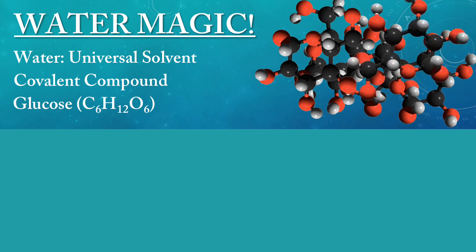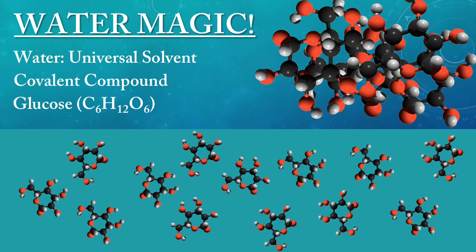And so when we put this in water, we're going to take away the attraction between the glucose and another glucose, and it's then going to be attracted more to the water. So instead of breaking the whole glucose molecule down, like what we did with the sodium chloride, we actually separate it out into individual glucose molecules.